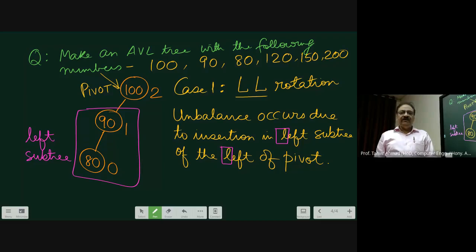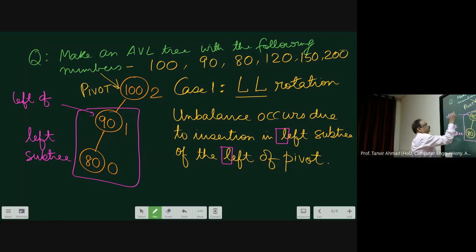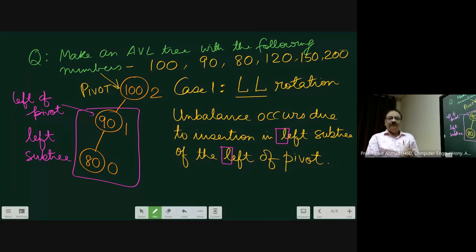How did you come to left? 90 is the left of pivot. That means unbalance is occurring due to insertion in the left subtree of the left of pivot.